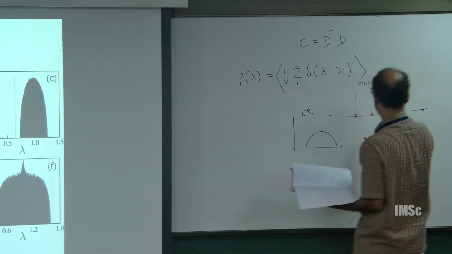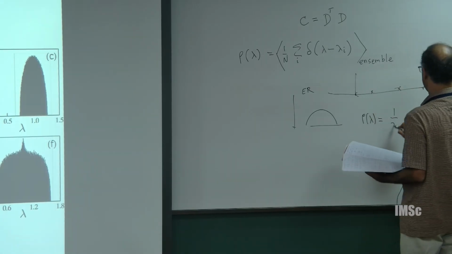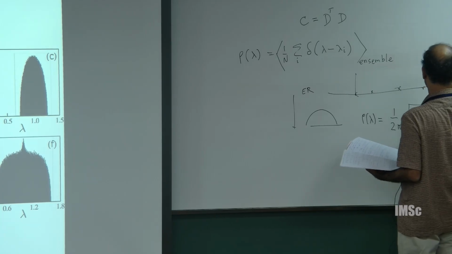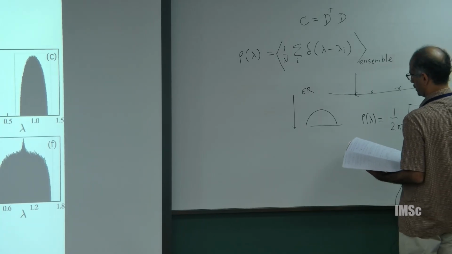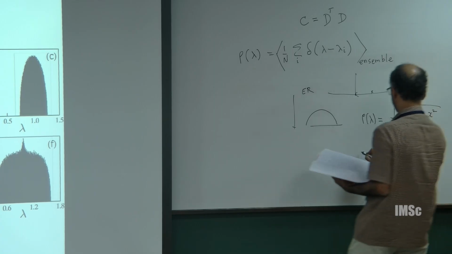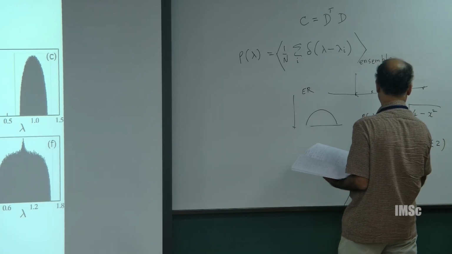So, in fact, this rho of lambda will be given by 1 by 2 pi into root of 4 minus x square, where x lies between minus 2 and 2, and x is lambda by root n.